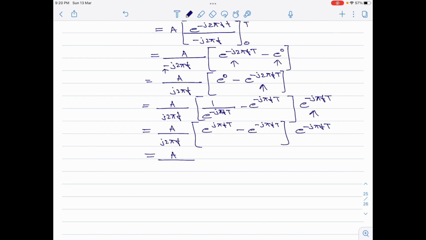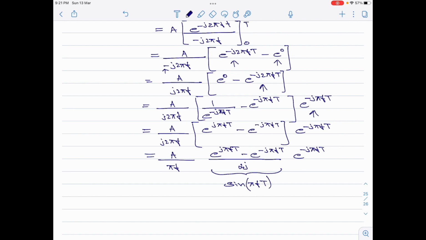I am going to retain pi and f here, and I am going to take 2 into j to the denominator here. So, this will be e to the power of j pi f capital T minus e to the power of minus j pi f capital T divided by 2 into j. Then we have e to the power of minus j pi f capital T. Now, you look at this term, this is equal to sine of pi f capital T.